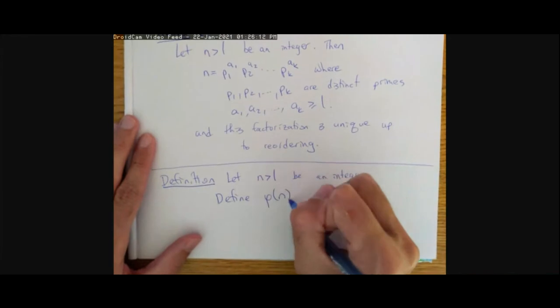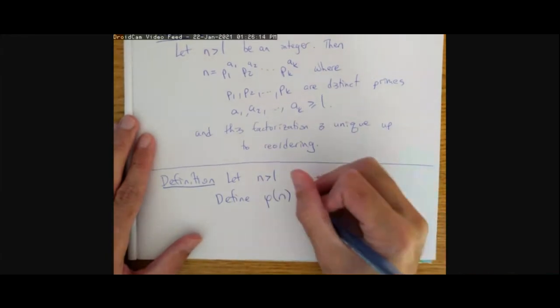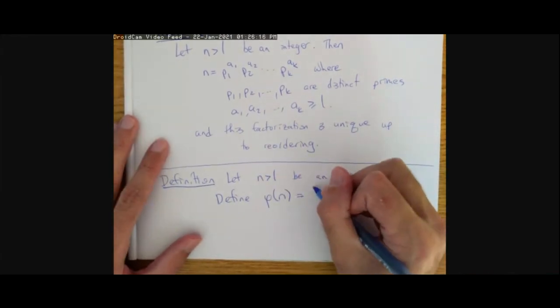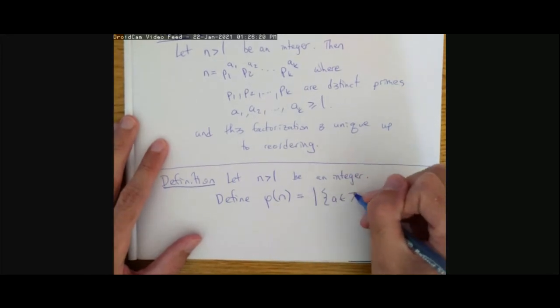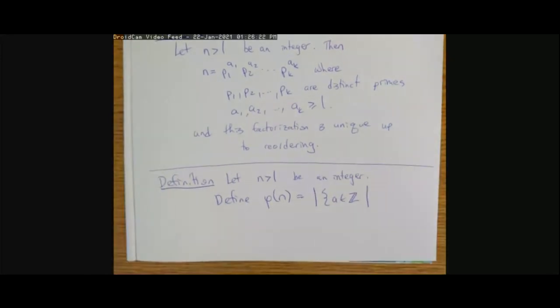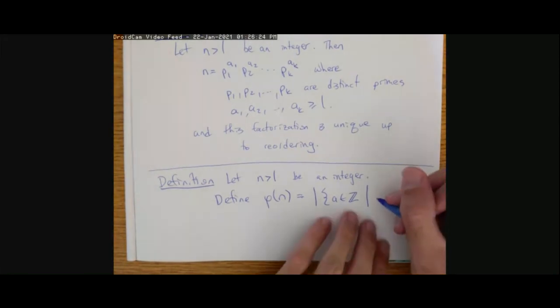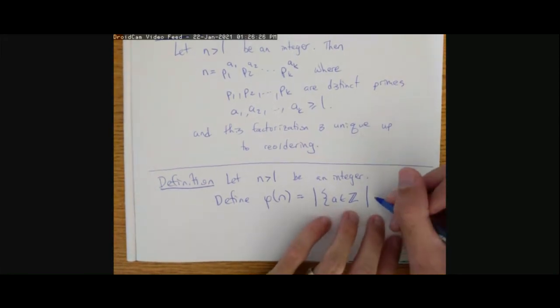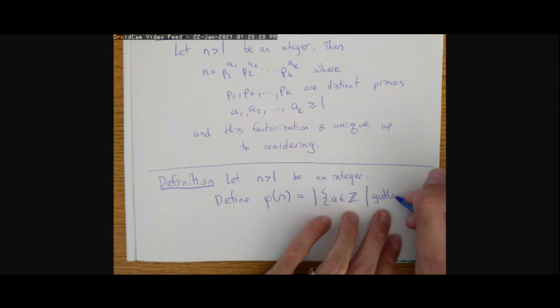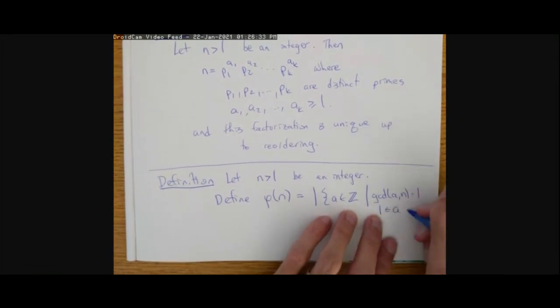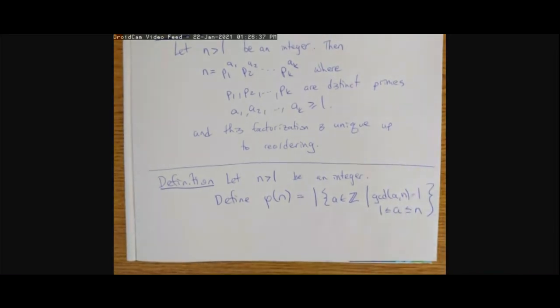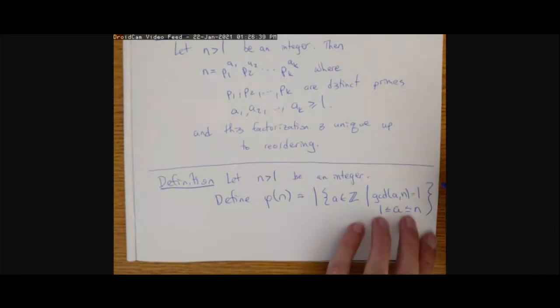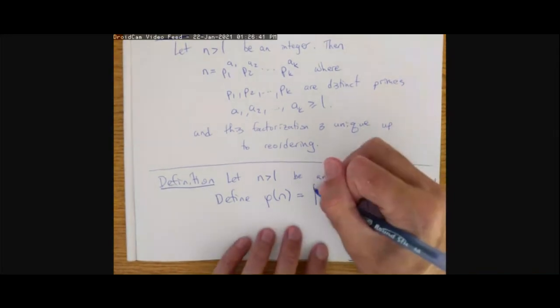We'll define phi of n to be the size of the set of integers A such that the GCD of A and N is 1 and A is between 1 and N. That's the number of elements of that set.